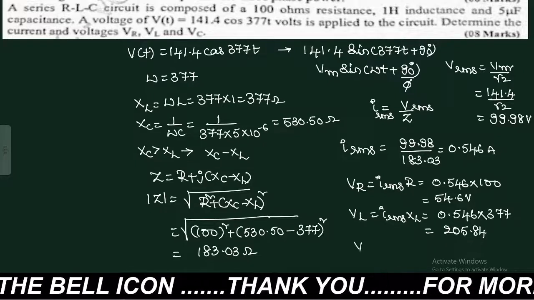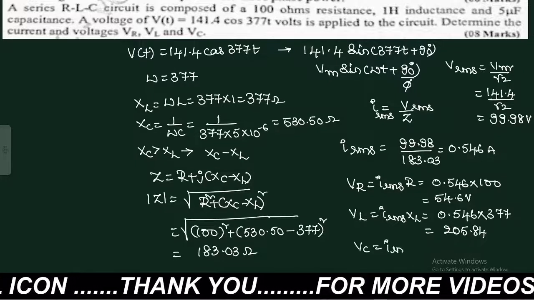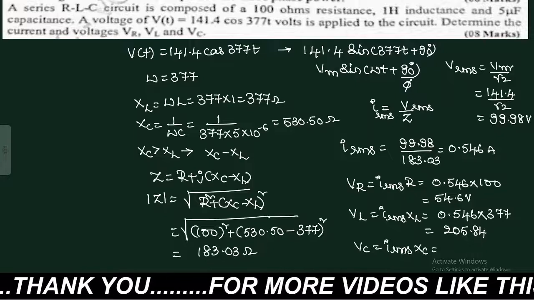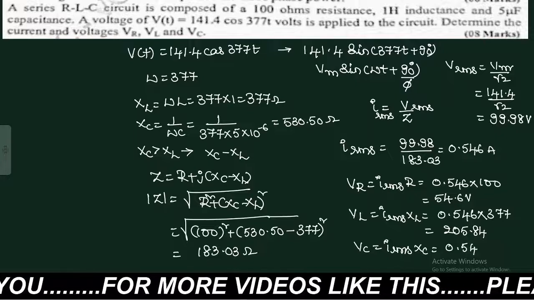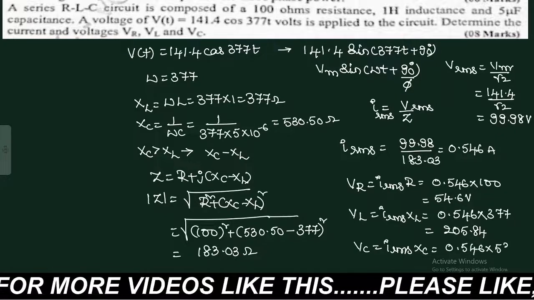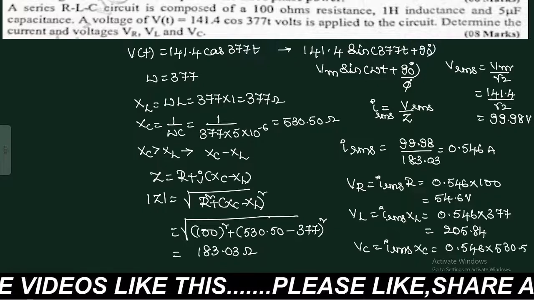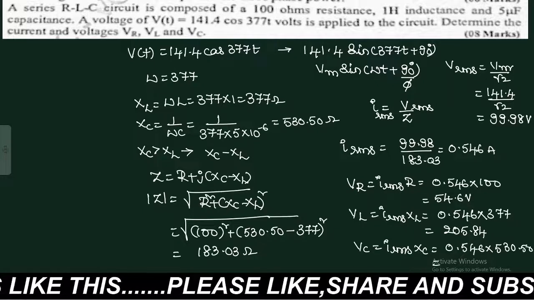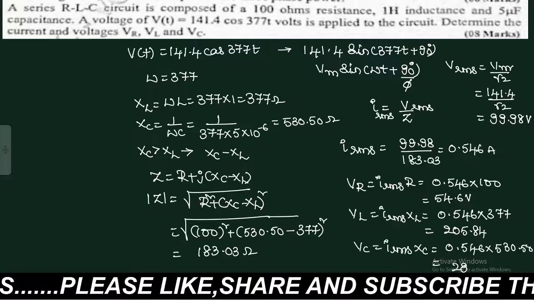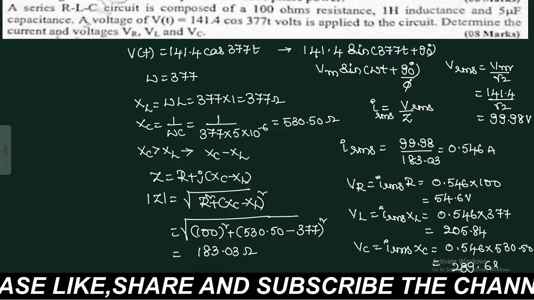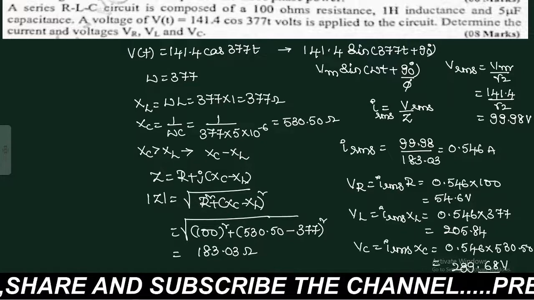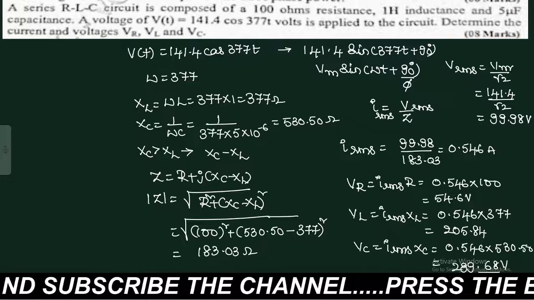Next, VC value is I RMS into XC, that is 0.546 into XC value 530.50. So the approximate answer you are going to get is 289.68 volts. If you do this, you will get complete marks.